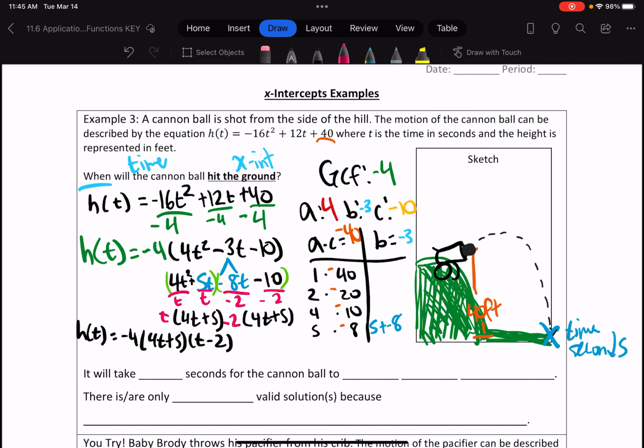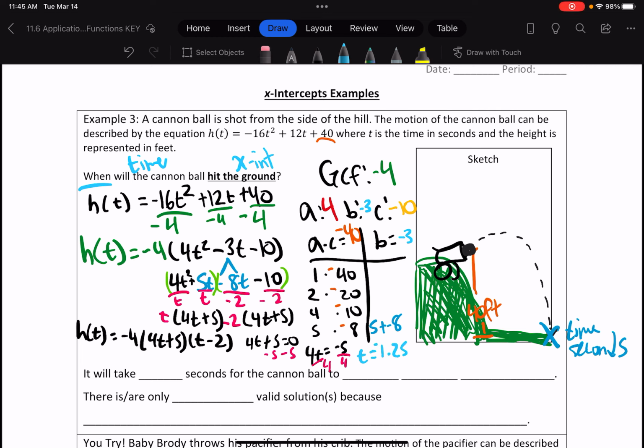Now I can actually solve for those values. So I can set each of those factors equal to 0. I know 0 can't equal negative 4, so I can do 4t plus 5 equals 0. If I subtract 5 from both sides, that gives me that 4t equals negative 5. And if I divide by 4 on both sides, I get a time of negative 1.25.